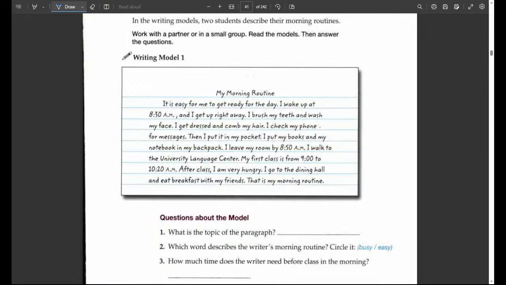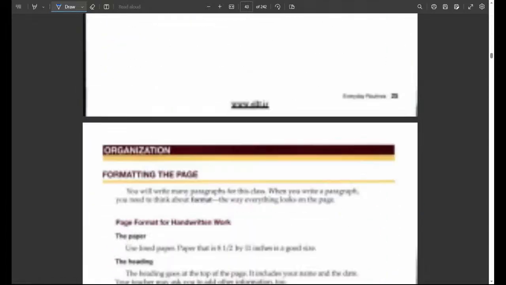I put my books and my notebooks in my backpack. I leave my room at 8:50 a.m. I walk to the University Language Center. My first class is from 9 to 10:20 a.m. After the class, I am very hungry. I go to the dining hall and eat breakfast with my friends. That is my morning routine.